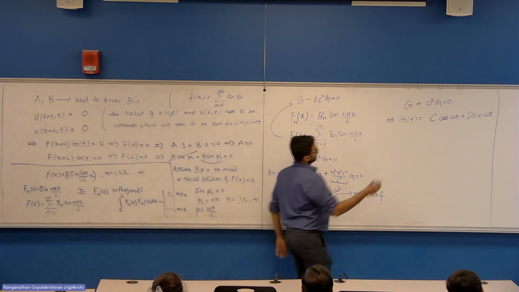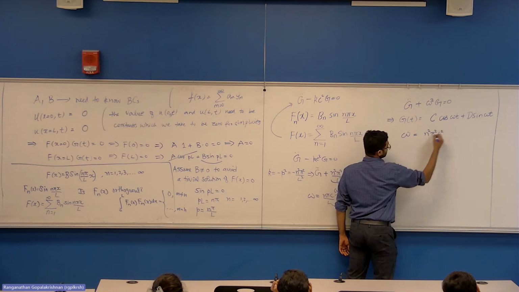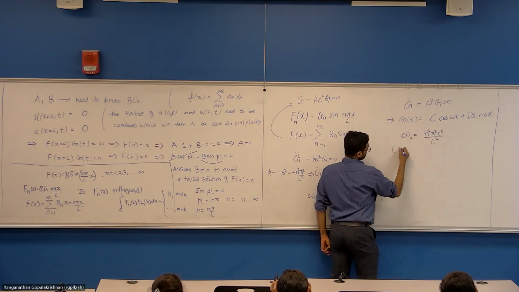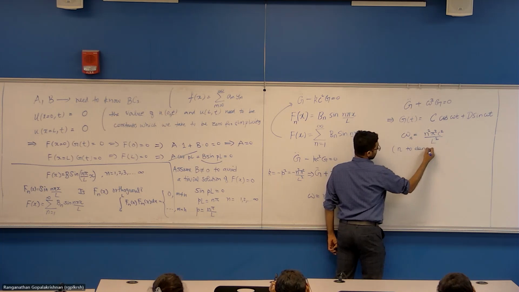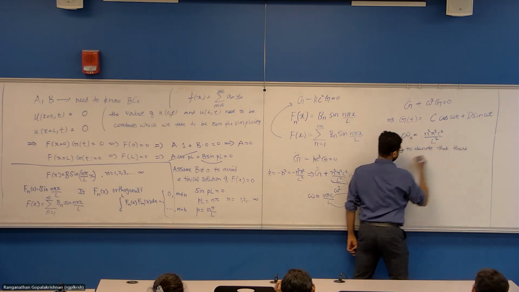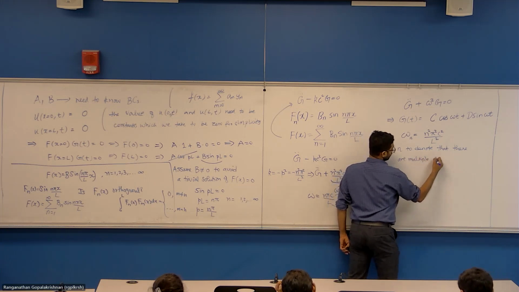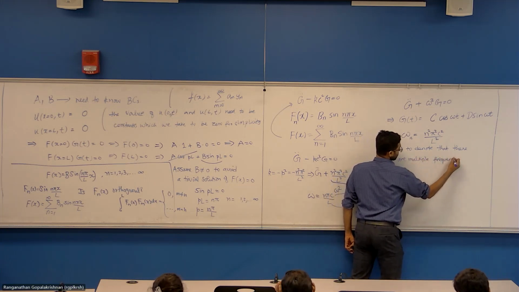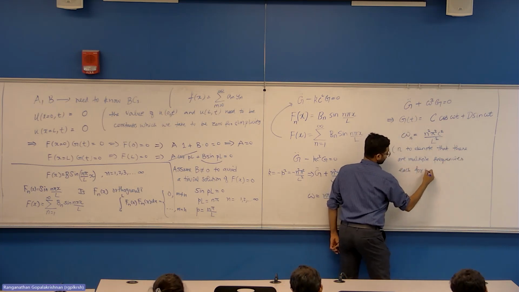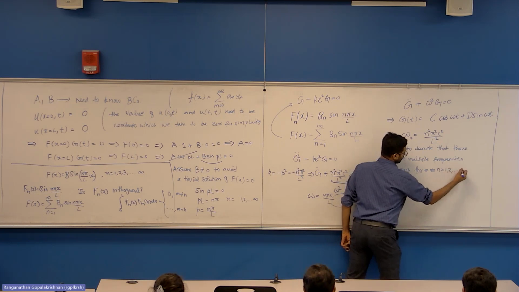Of course, omega, you recall, is n squared pi squared c squared over L squared. So I'll add a subscript n to denote that there are multiple frequencies, each for n equals 1, 2, and so on.